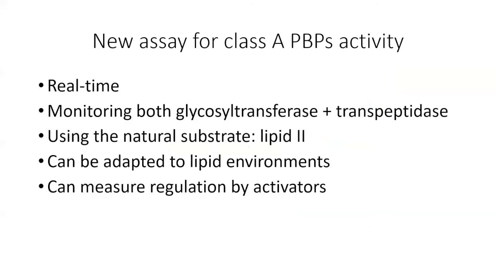So we wanted a new assay that is real time, that can report on both glycosyltransferase and transpeptidase activities, hopefully using the natural substrate lipid 2, and that can be adapted to lipid environments, taking into account also the regulation by activators.